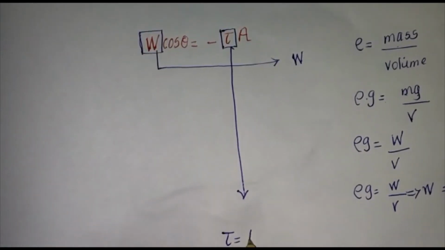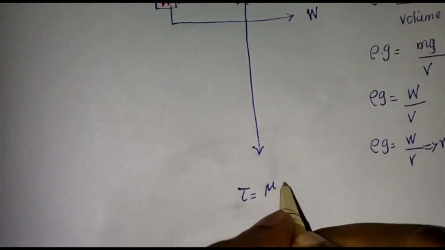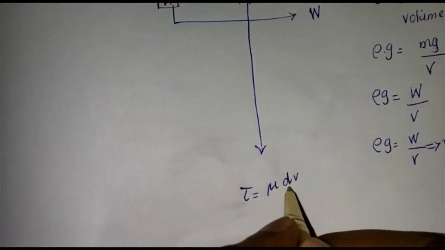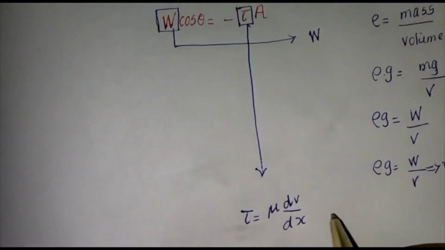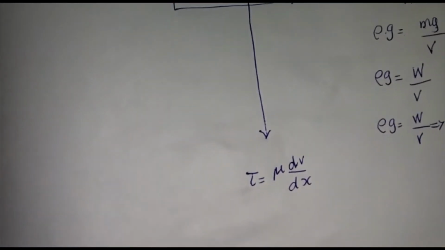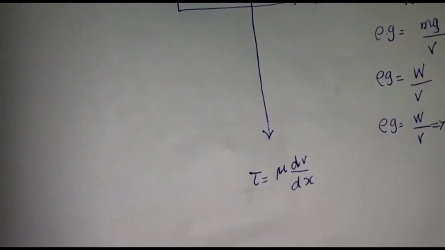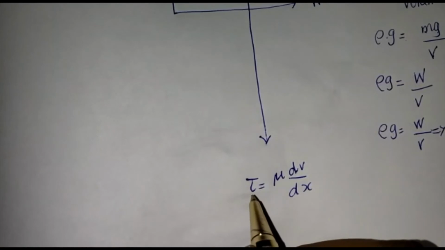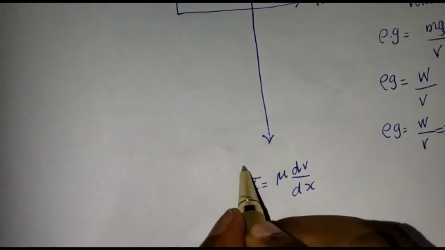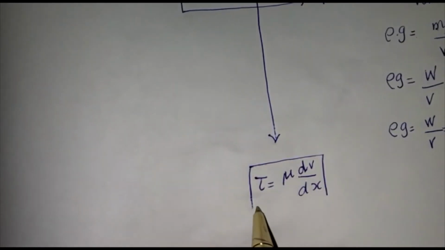Tau is equal to mu into dv by dx. That is Newton's law of viscosity. Now, how do you get this particular equation? That is for a completely different video. But this information is from Newton's law of viscosity.